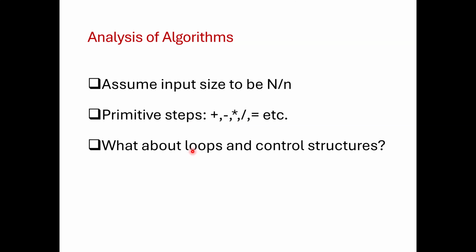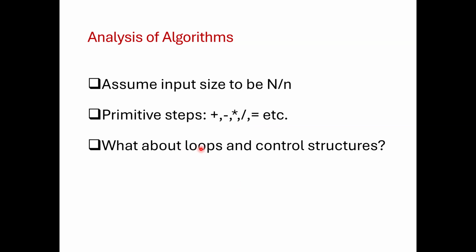So for instance, if we are analyzing an algorithm that has a loop, right? We all know loops: for loop, while loop, do while loop. If there's a loop in that algorithm, we need to know that because there's a loop, certain operations will not be counted once. So if the loop will execute 1,000 times, it means that one addition has to be counted what? 1,000 times because it is inside what?